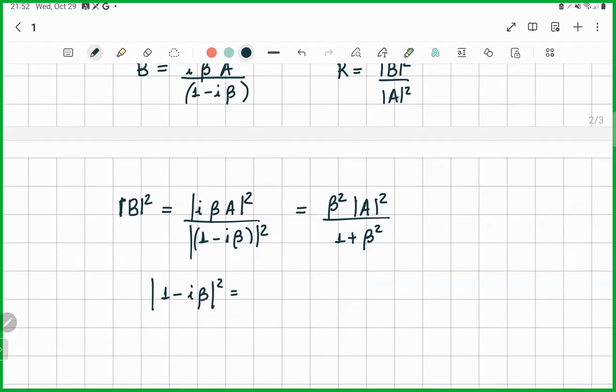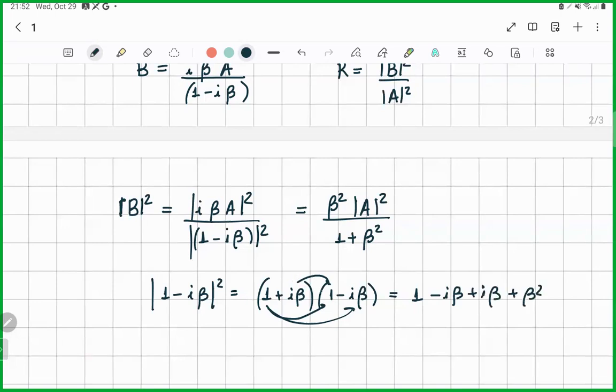The absolute value square is the function times its complex conjugate. If you open all that, you will see that we just get 1 plus beta square. You have 1, then minus I beta, plus I beta, and plus beta square when I multiply these two. So that's the answer.